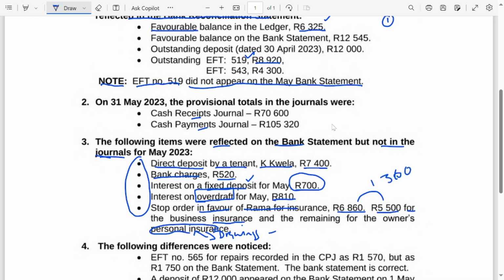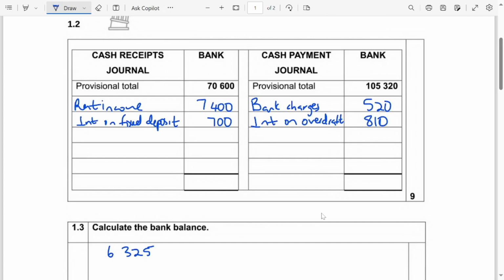So this is for the drawings. So 5,500 is for the business insurance, which is an expense, and then the drawings of 1,360.